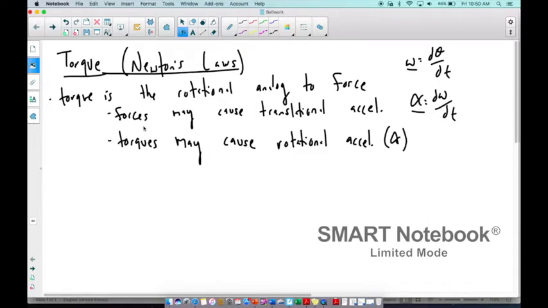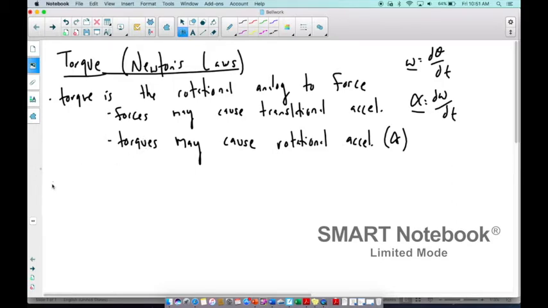Just like in order for something to speed up, slow down, change direction, there has to be some interaction, some push or pull, a force to cause that translational acceleration. Same exact thing for rotational. There has to be a torque acting on the object, okay? It is the rotational analogy to force, okay?